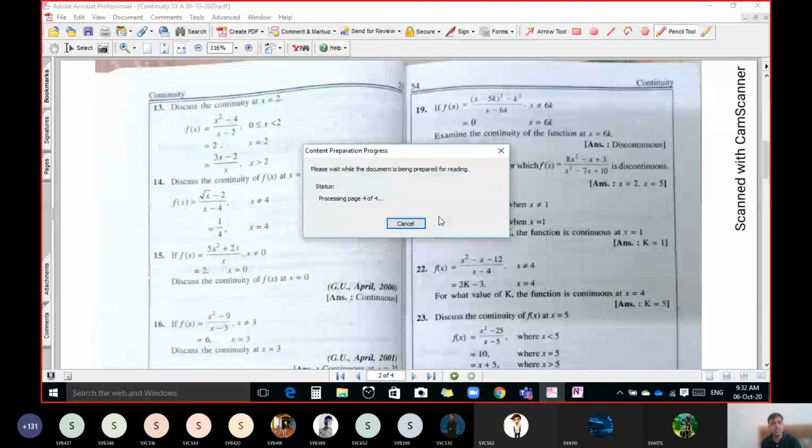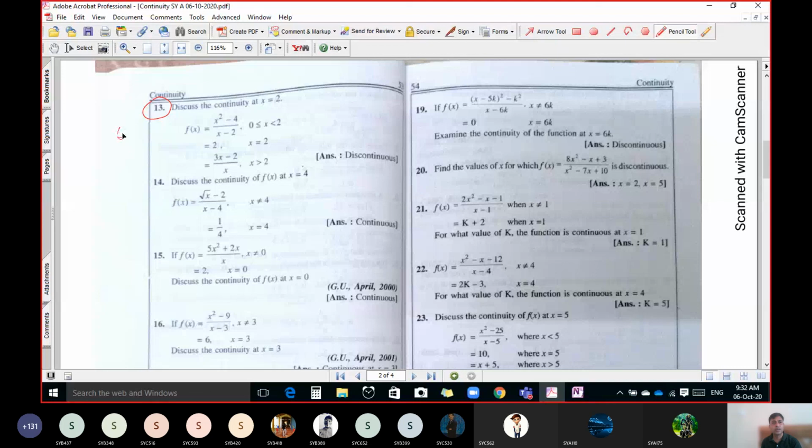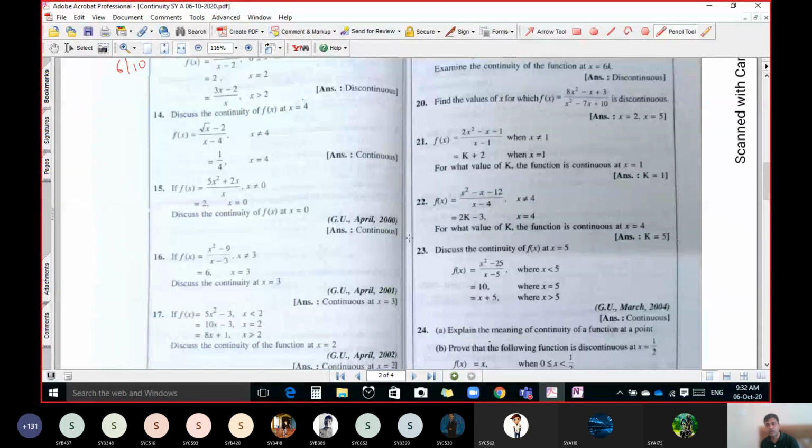You can also try this question again. And one more question, question number 23. Try this, and one more, 17.